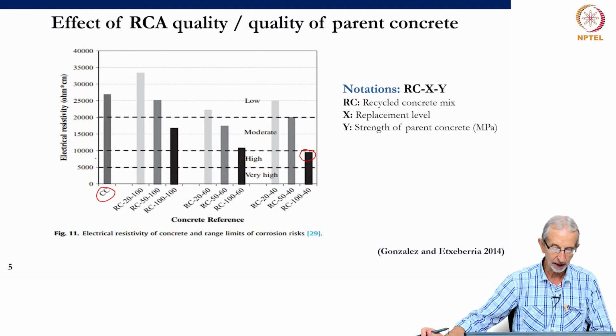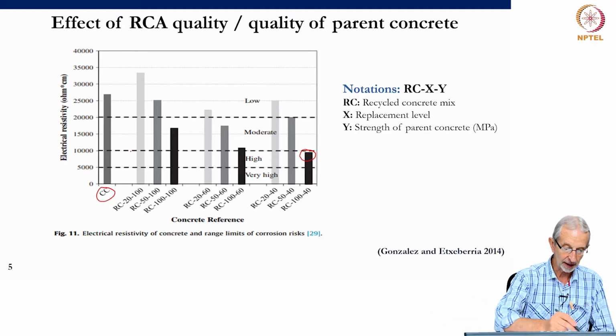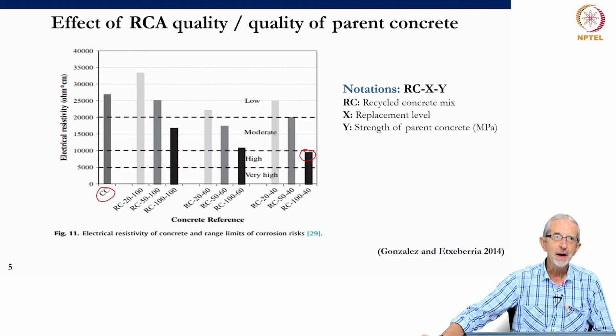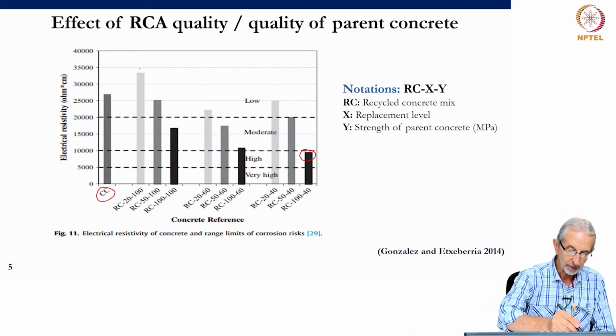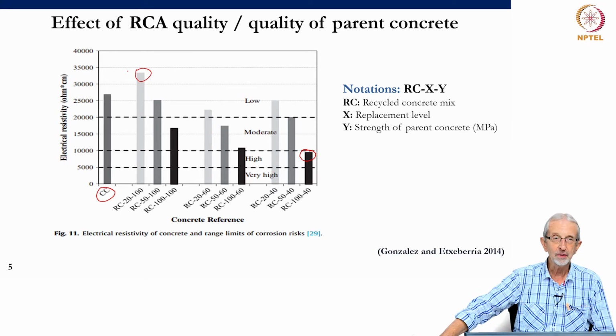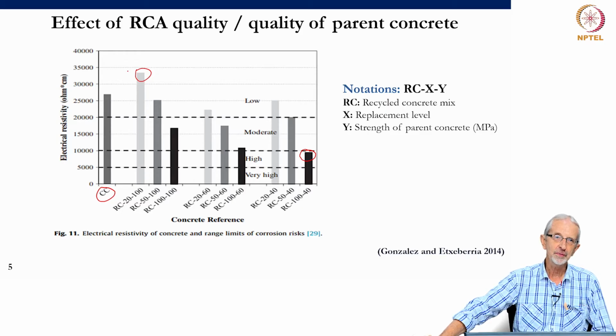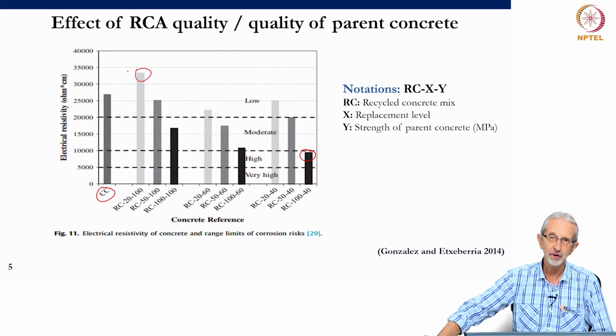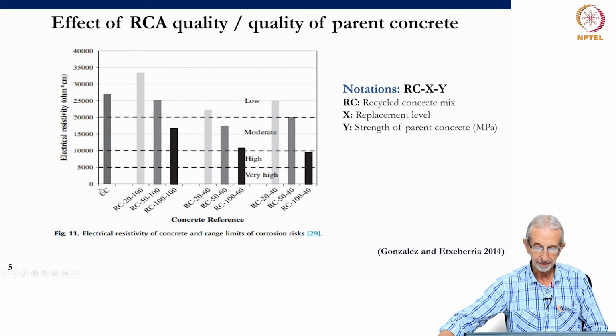We usually talk about kiloohm centimeters, so this is about 10 kiloohm centimeters here. And other than this slight improvement here, which is an interesting phenomenon, in general, the addition of recycled coarse aggregate from different concrete strengths and different ratios tends to bring down this value, which may have implications for things like corrosion resistance of that concrete.